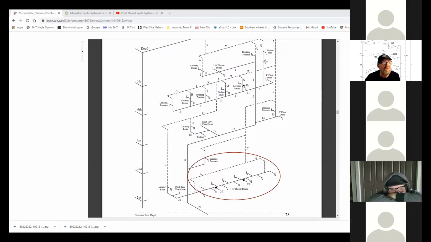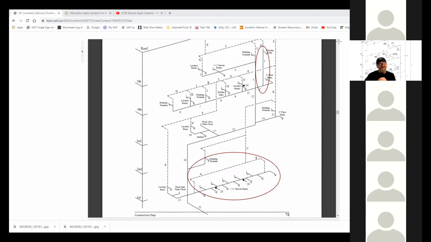I'll just point to it. What do you think number 1 is? Here's number 1 right here. What do you think that pipe is? Stack. That's a stack because it's going through more than 1 story, right? This is a 2-inch floor drain down here, acting as a multi-story wet vent?